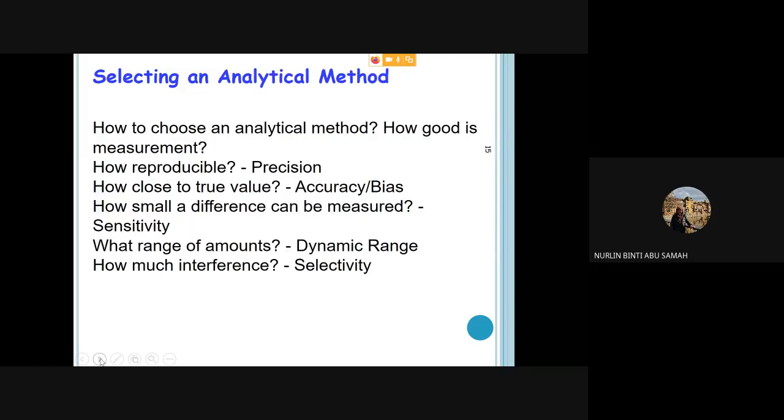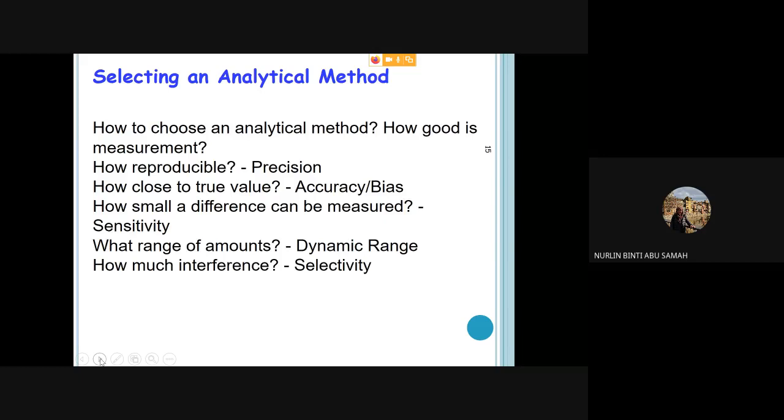So now let's look at how we can select the best analytical method. Basically, you need to have a question in order for you to solve your problem.